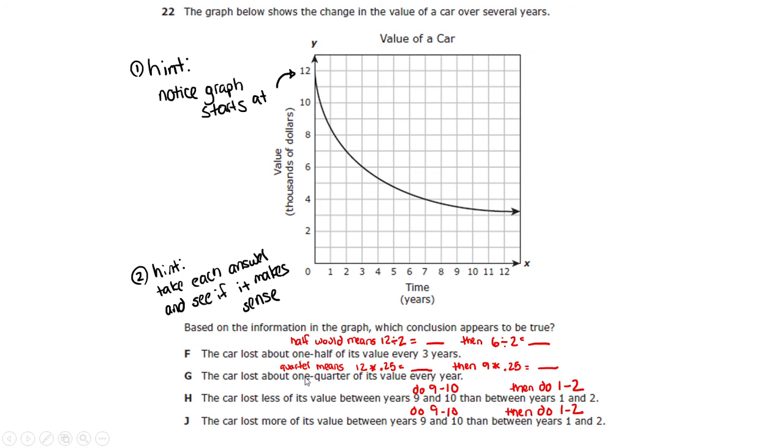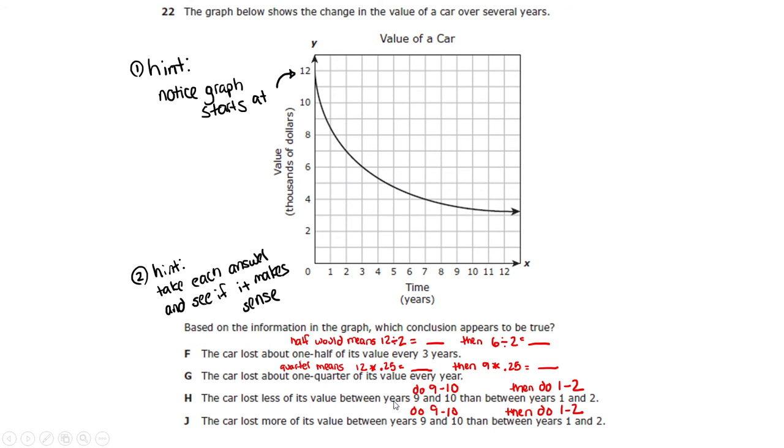For G, a quarter means you divide by 4 or multiply by 0.25. So if you take 12, multiply by 0.25, see if that matches up at 3. And then do the same thing when it's 9. So 9 times 0.25, see if that answer matches up at 6.